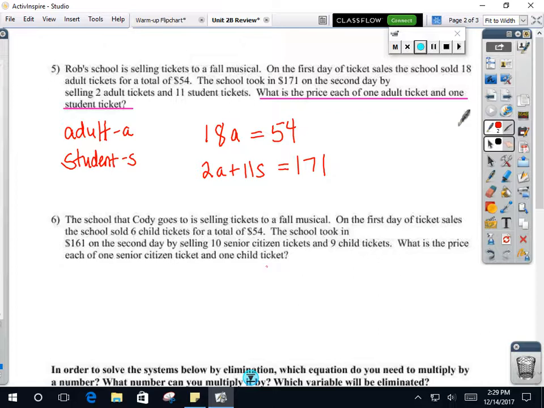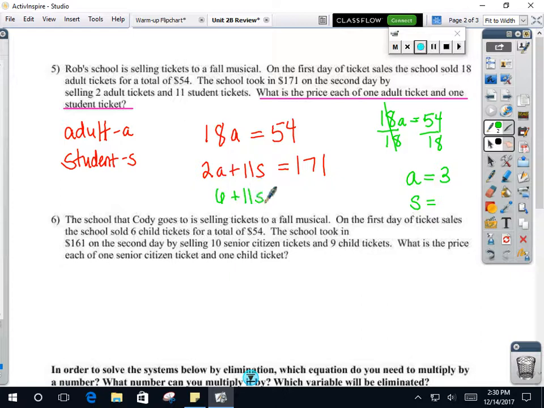This one's actually much easier. You can simply take that equation to the side and isolate the A by doing what? Divide by 18. And so A equals 3. Now, just like any time you've solved for one letter, how do you solve for the other? So you would replace the A in the bottom one with a 3, which would make this a 6, because you're replacing the A with a 3.